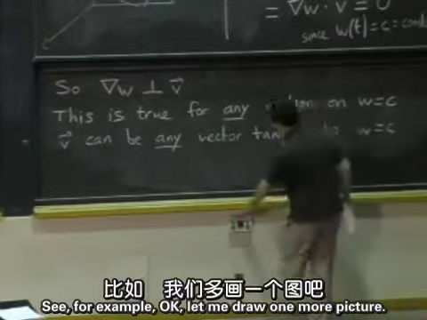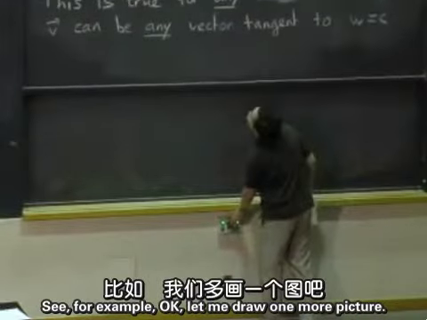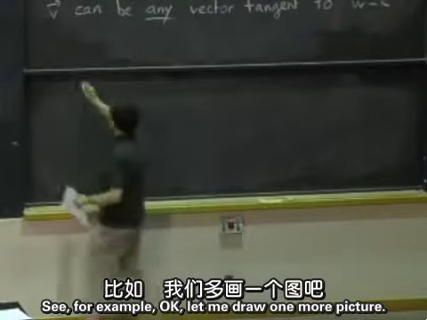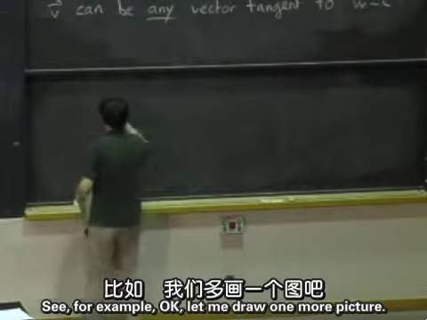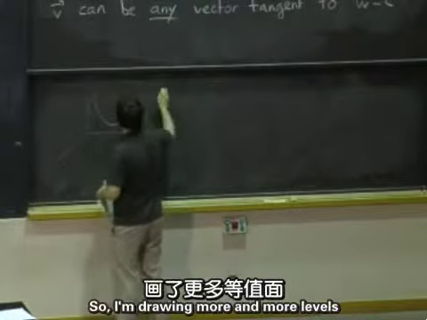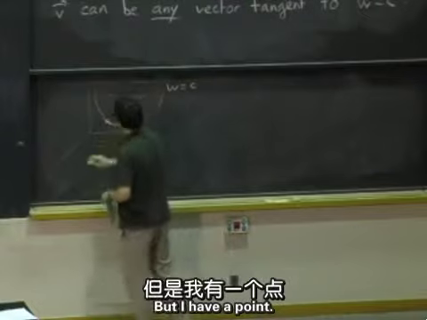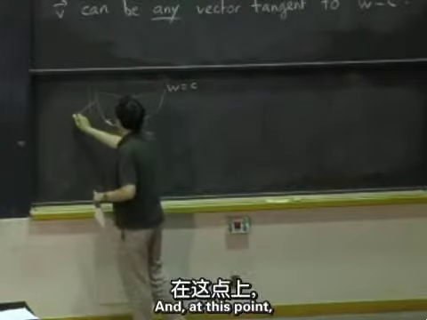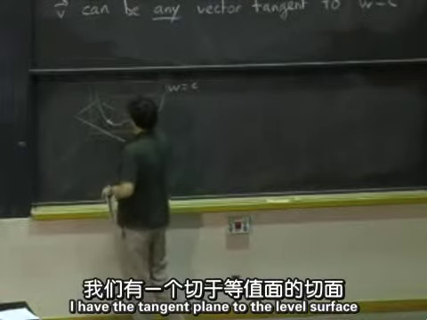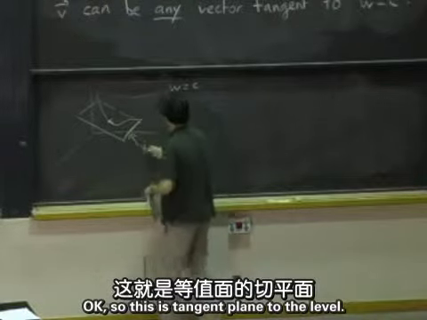For example, let me draw one more picture. Okay, so I have my level surface. I'm drawing more and more levels, and they never quite look the same. And I have a point, and at this point I have the tangent plane to the level surface. Okay, so this is the tangent plane to the level.